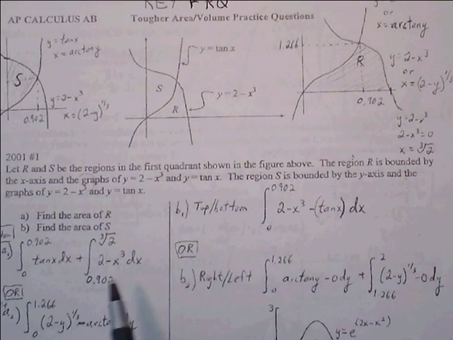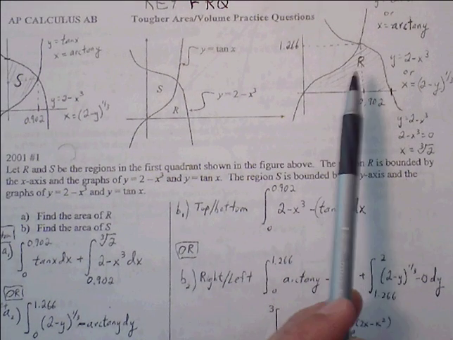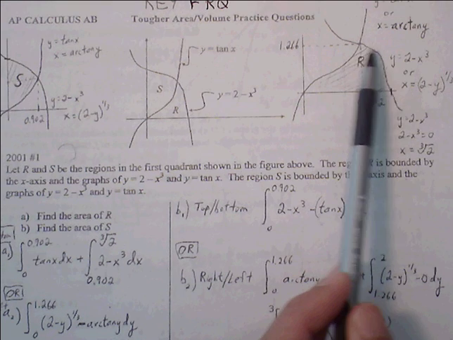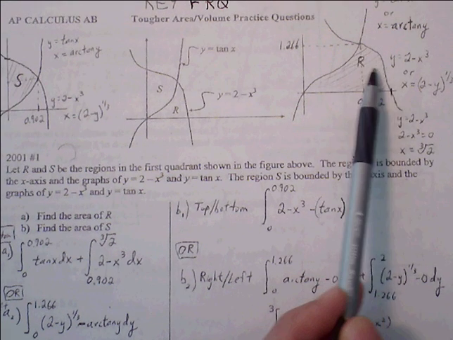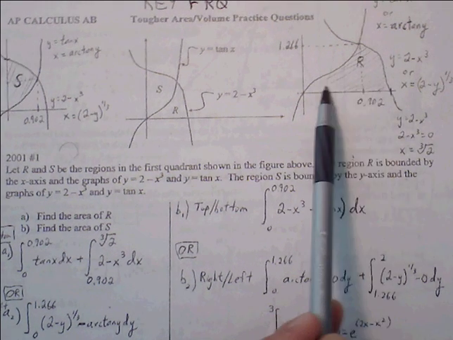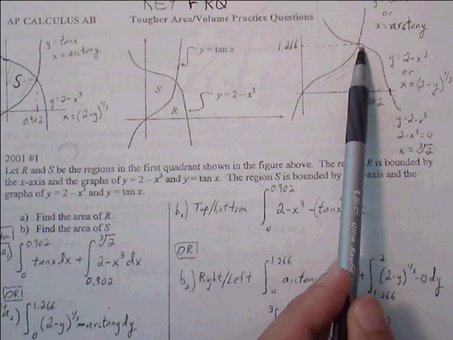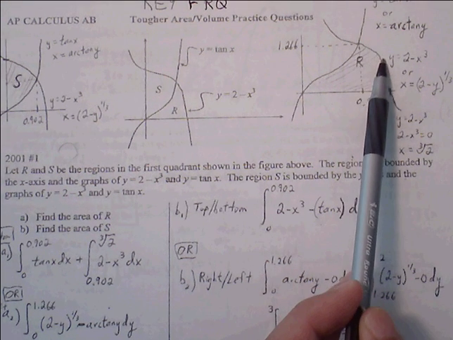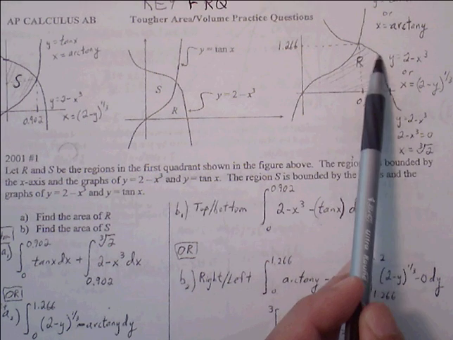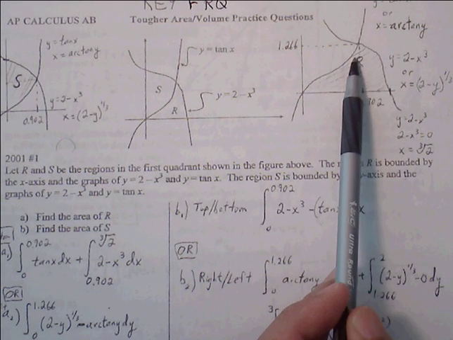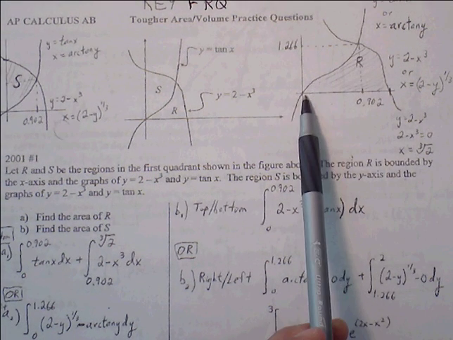Another way that we can find region R is right minus left. Now, if we draw horizontal lines, no matter where you draw the horizontal line, the right endpoint of every horizontal line is going to hit the same right curve. And then the left curve is always going to be this tangent of x graph.